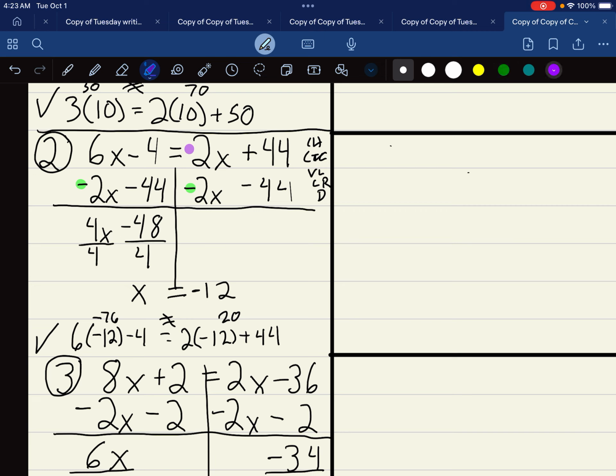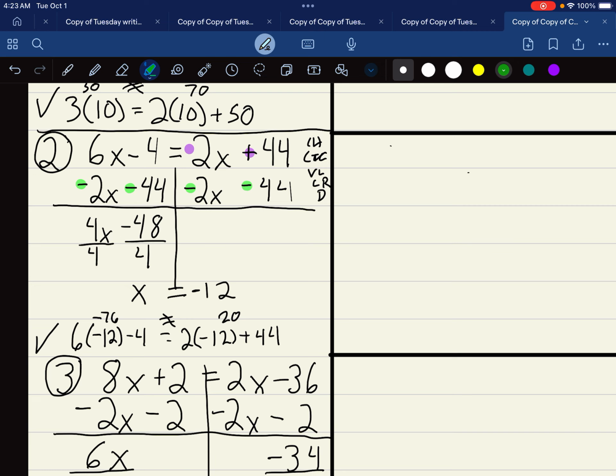It looks like we moved this constant, and it started off positive, went negative, and is a negative over here.